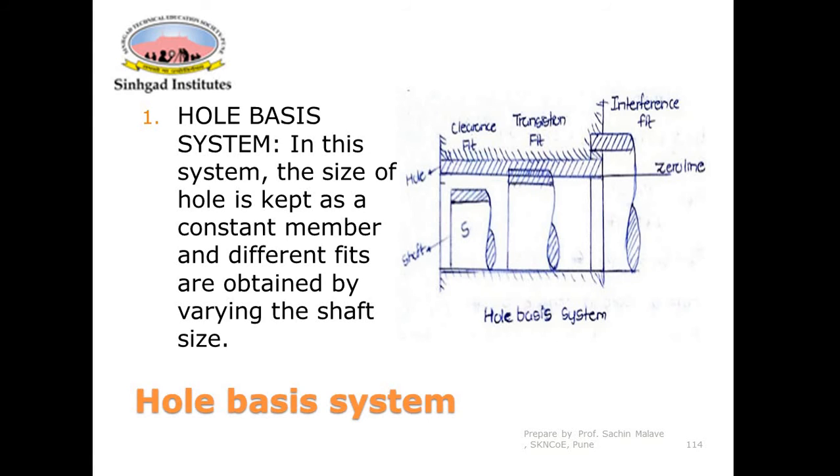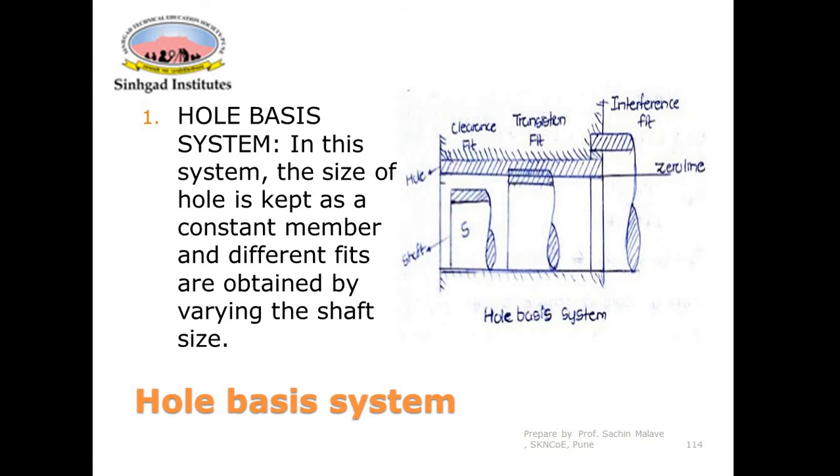You can see this line from here to here shows the size of the hole. So these three lines, 1, 2, 3, correspond to the sizes of the hole. Now in case of the hole basis system, if you want to achieve the different fits, that is clearance, transition and interference fit, we have to achieve this by varying the sizes of the shaft only.